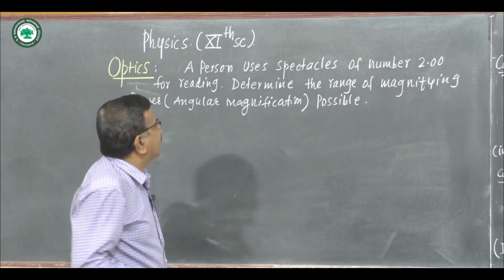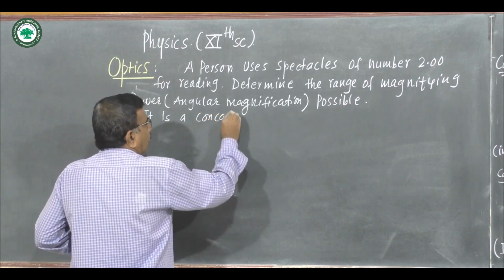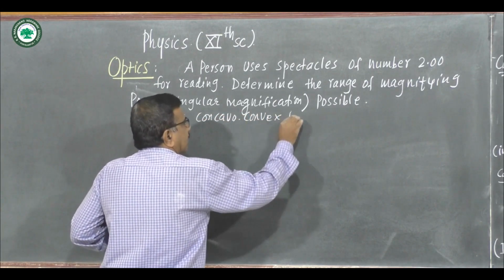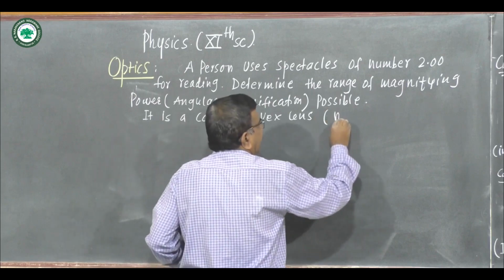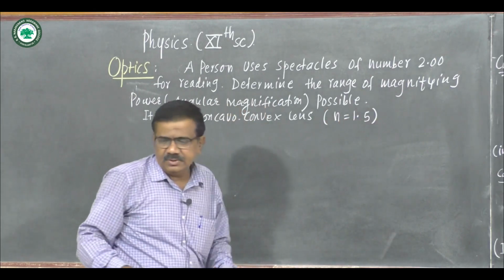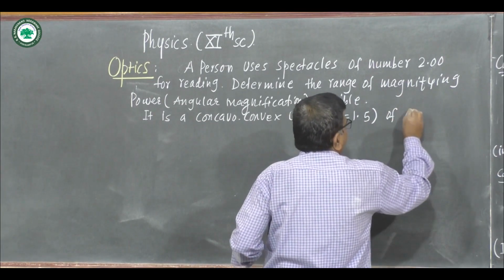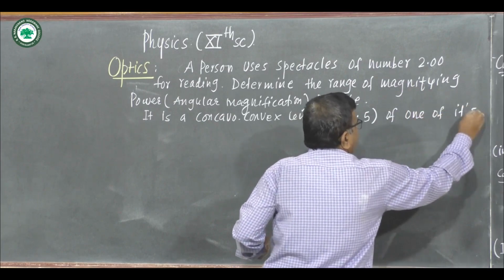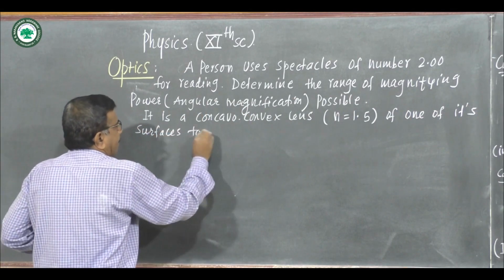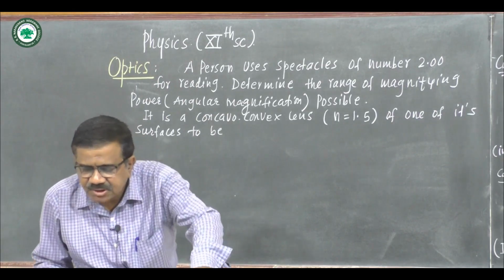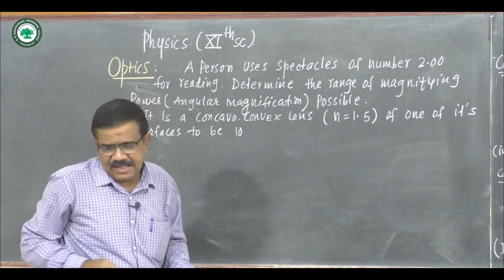It is a concave convex lens, with refractive index n of 1.5.